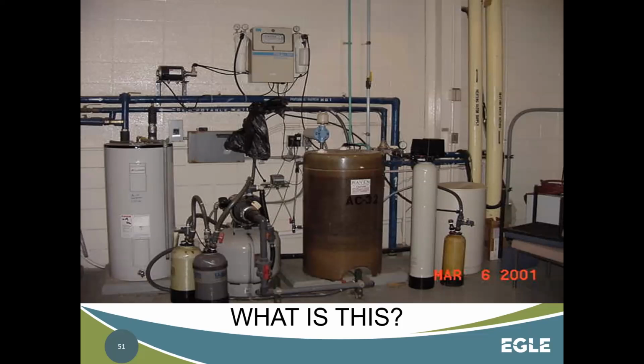So when you see some of these RO units being installed, they should have an RPZ upstream of them so that we don't get anything being collected or rejected by this RO system potentially getting back to your potable water supply.